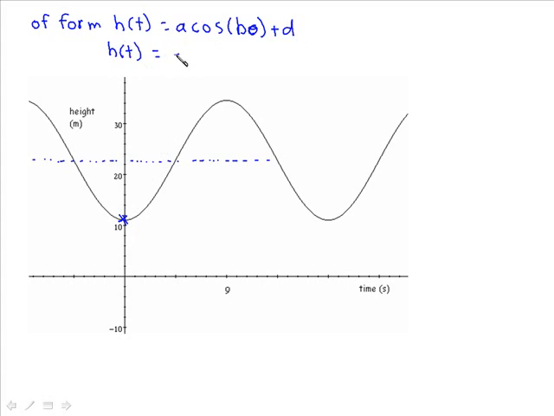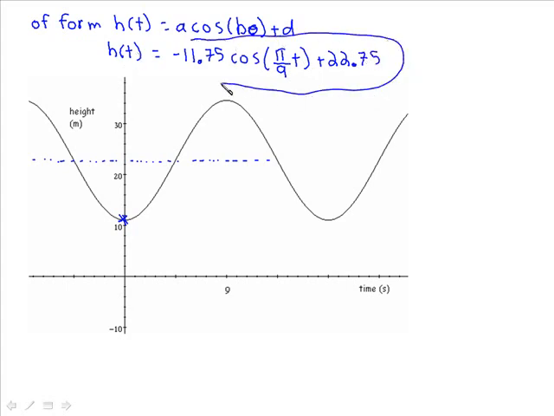So with no translation, we could just go negative 11.75 cosine pi over 9 t plus 22.75, and then we are in business. We've got a good equation for it.